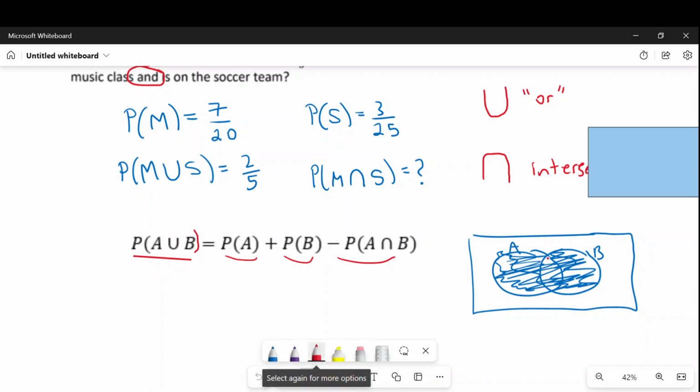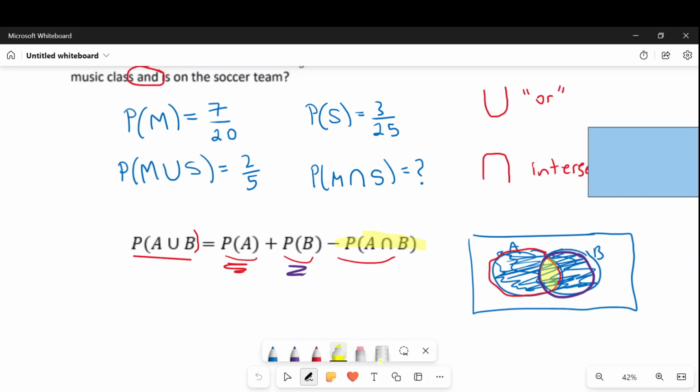But if I just add together all the A events, like this would do, and then I add together all the B events, like this would do, I have counted twice all of the events in that intersection. So by subtracting the intersection, I'm no longer double counting them. I'm only counting them one time.